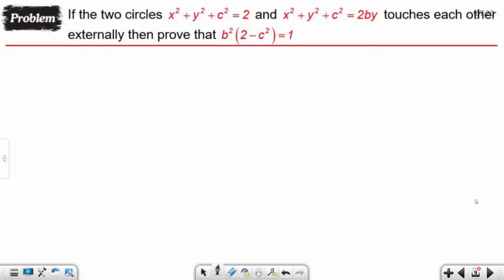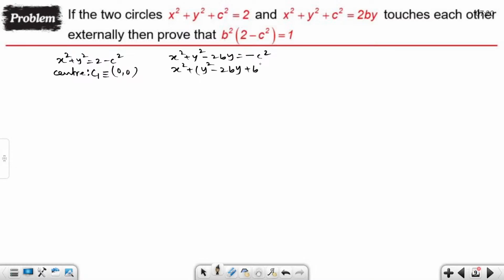In this question, one circle is given to us as x square plus y square is 2 minus c square. So what is its center? Center is at (0, 0). The second equation given is x square plus y square minus 2by is minus c square. So let me make this y square minus 2by plus b square, so the right side will be b square minus c square.